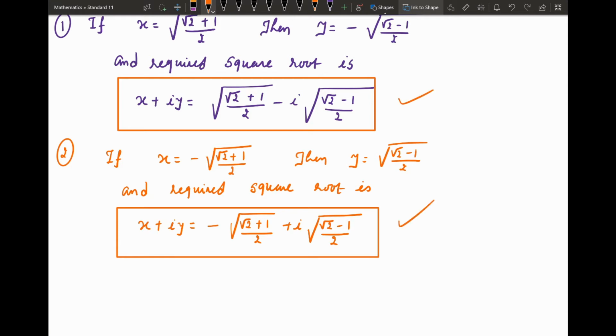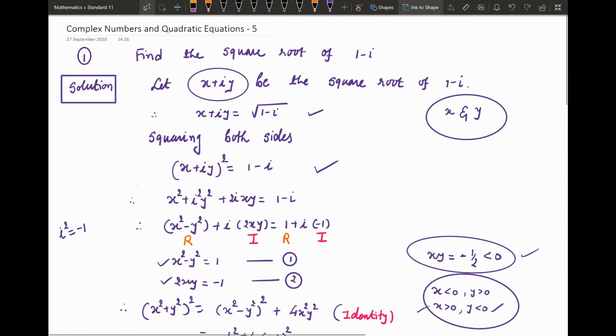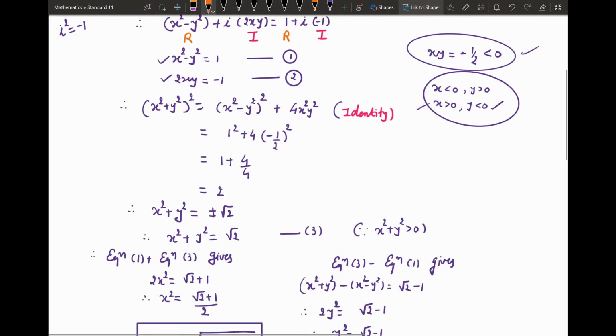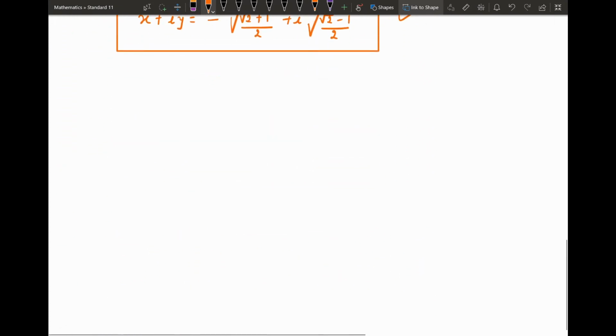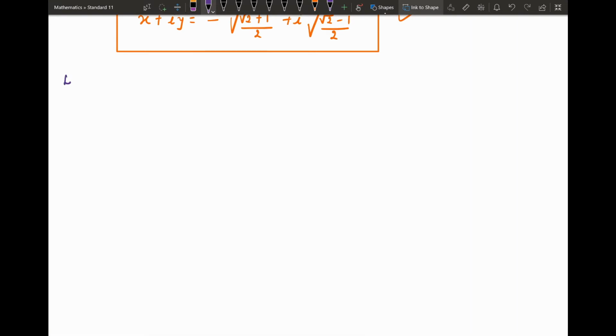Next example. Find the square root of minus i.